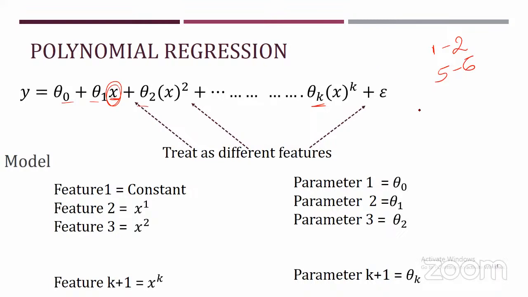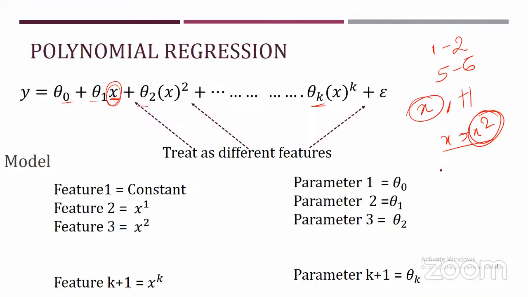Now here, although we had just one feature, because of introducing this polynomial term in your model, the number of parameters is going to increase by 1. I have modeled it as X, and next I have modeled it as X square. So just one dimension I have increased.